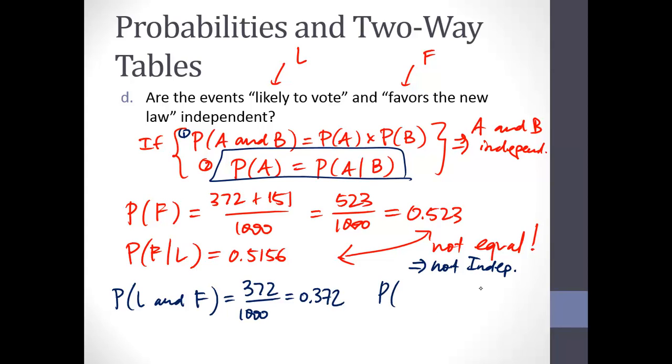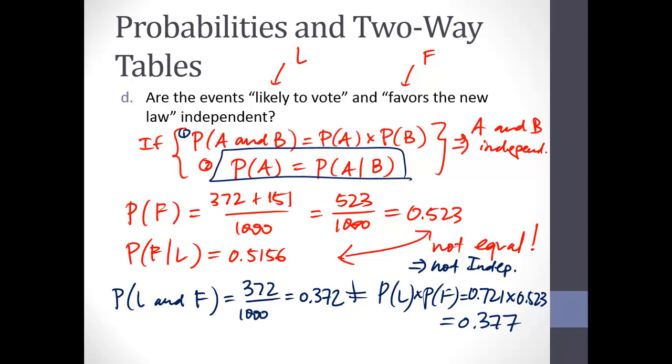And then over here, the probability of L times the probability of F. If you work that out, it's 0.721 times 0.523. Sorry, I'm running out of space here. And that is equal to 0.377. So again, it's close, but not equal. That would be a way of showing, again, these things are not independent.